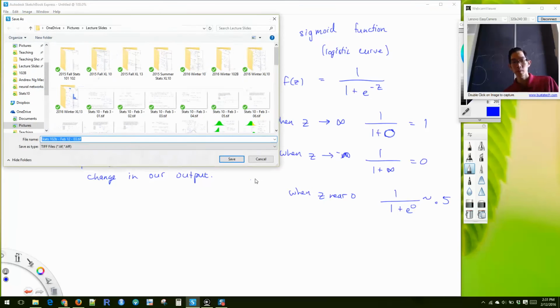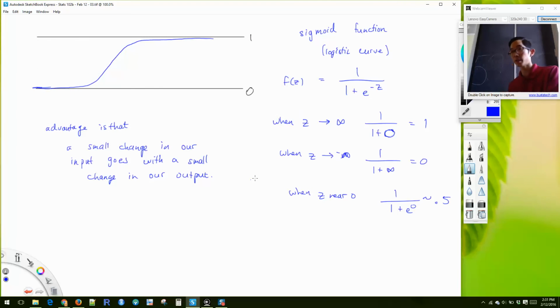Okay. Whereas with the step function, like right here, if I'm at what we'll call z0, and I move up to z1, this is a large change, but it's associated with this change, right?